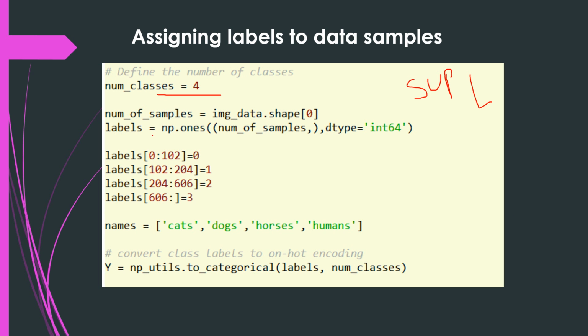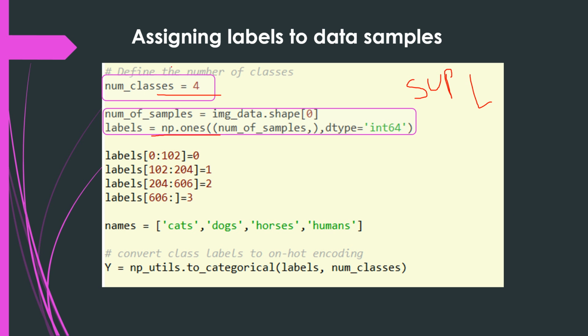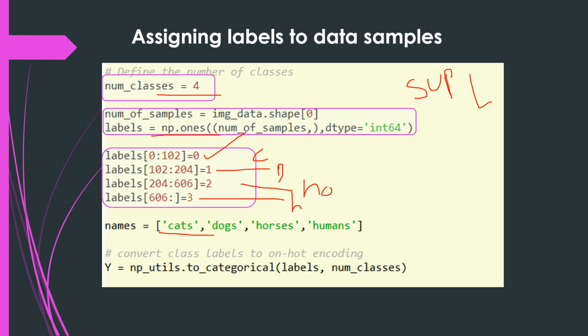Initially I will just give ones to it and later I will change it. From 0 to 202 these are the cats, then 202 to 404 are my dogs, then 404 to 606 are my horses, and the last ones are my humans. You can give the names also here.